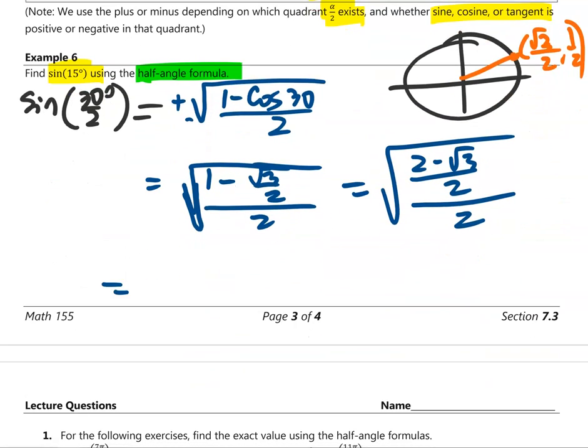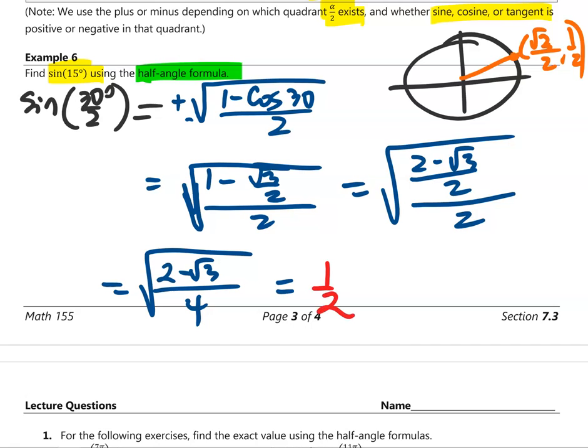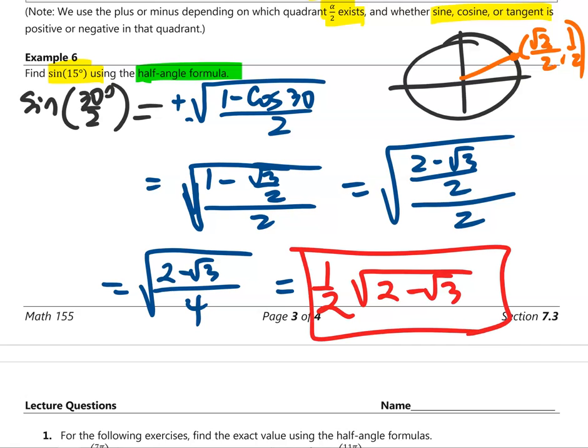It's going to be 2 times 2 is 4. So that is the square root of 2 minus square root of 3 over 4. And square root of 4 is 2. So we can get that 1/2 times the numerator square root of 2 minus square root of 3. So this is the answer.